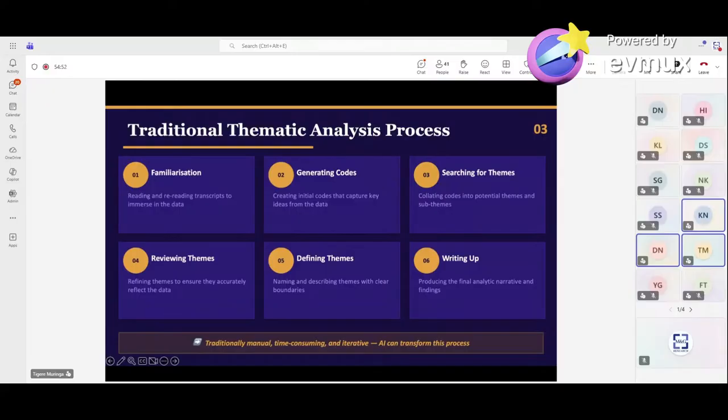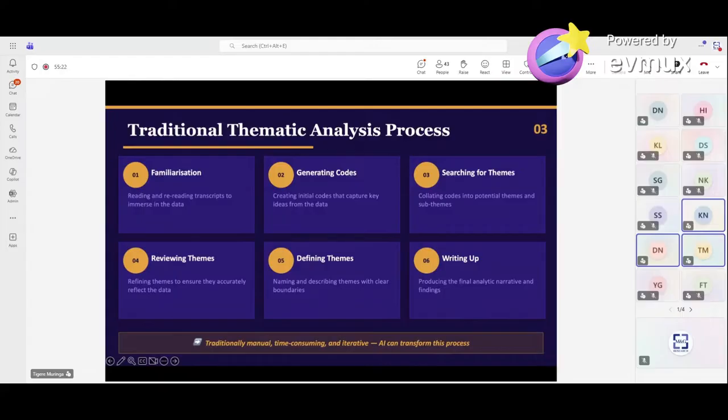And we now see that AI, the large language models, or your NVivo, Atlas, etc., can now shortcut the process. They can streamline that whole process. If you're familiar with ChatGPT, you know that there's an extension or plugin on ChatGPT.